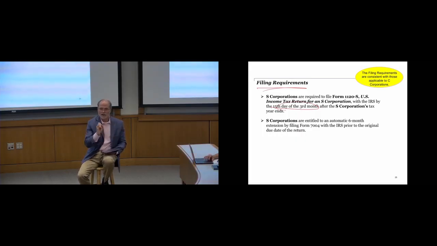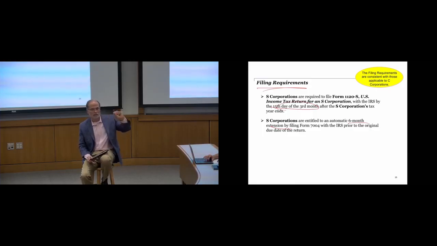Why? Because they're going to send me my share of the income plus my share of separately stated items. And then if I'm an individual, I have a tax return due on the 15th day of the fourth month, April 15th. So I get one month between when they send me something and when I have to get that onto my tax return. Now, they can't use the 6-month extension if they're not done with the tax return.